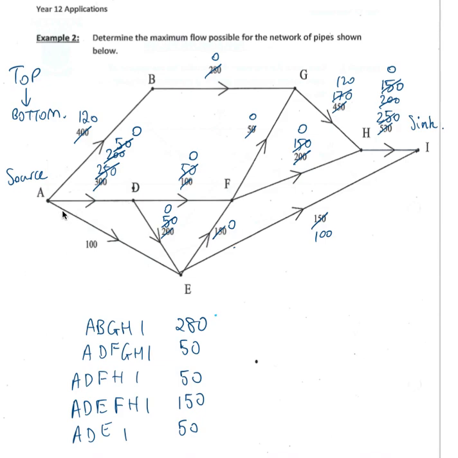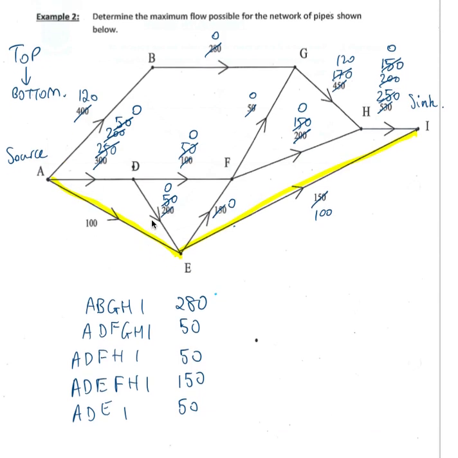A to D is now busted. Most we can push through this, A, E, I, is 100. Deduct off.